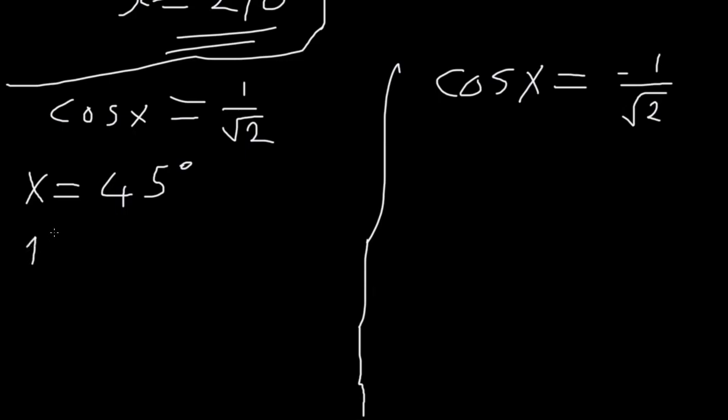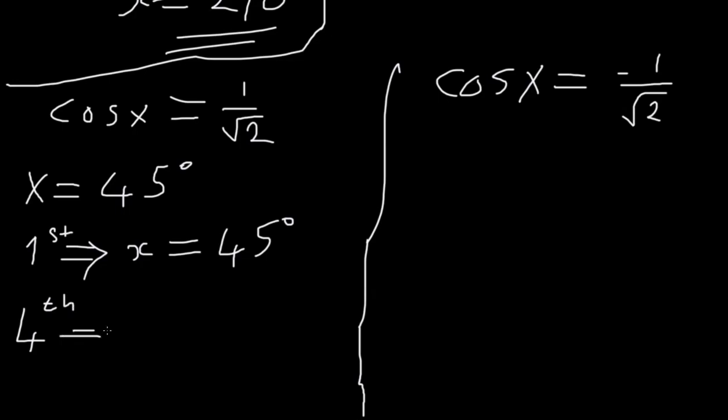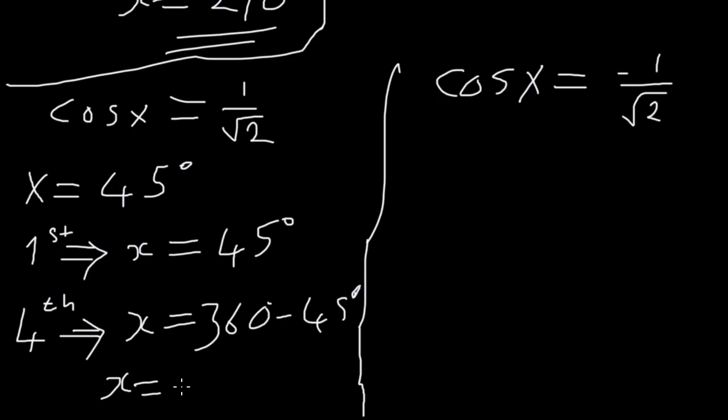In the first quadrant, you find your value of x to be the same 45, and in the fourth quadrant, you find your value of x to be 360 degrees minus 45 degrees, which gives you 315 degrees.